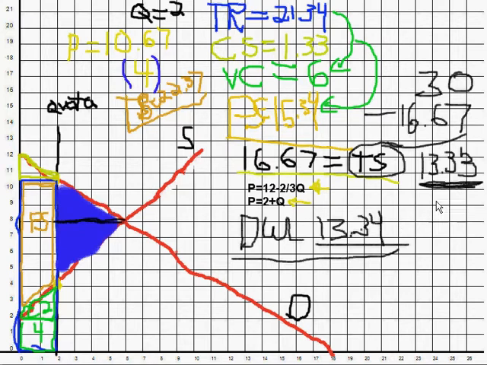Well, they're 1 penny off because we rounded this price here to $10.67. And because we rounded that a little bit, these answers are going to have a tiny bit of rounding error. But at least in my class, I encourage you to calculate these deadweight losses both ways. And if one's a penny off, that's great. That means that I know that you know what you're doing.